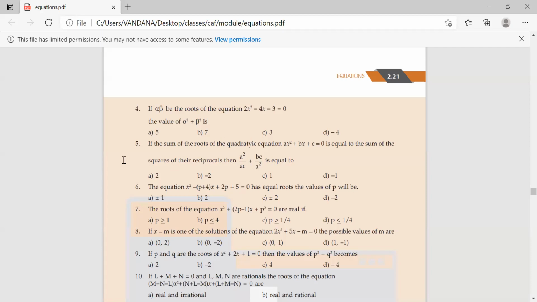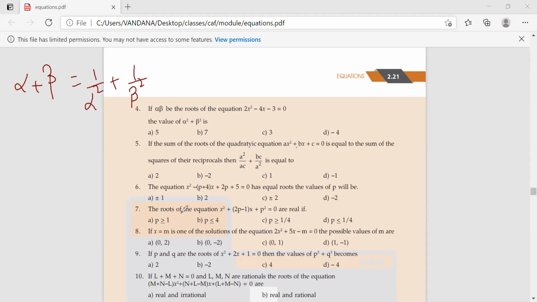So if the roots are alpha and beta, the sum of the roots is equal to the sum of the squares of their reciprocals, that is 1 by alpha square plus 1 by beta square. And you have to find this.